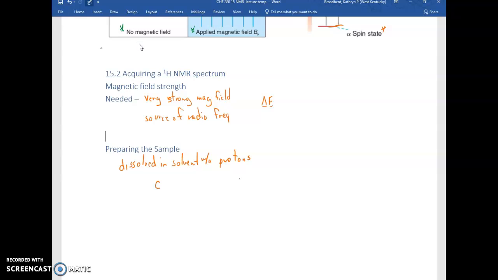Well, we can use carbon tetrachloride, or we can use a deuterium form of water. This is where deuterium has replaced hydrogen. Deuterium also has spin, but it absorbs in a different place, and so it doesn't cause a problem.